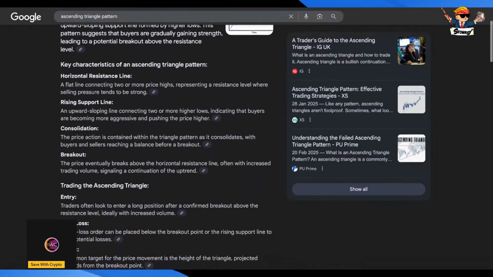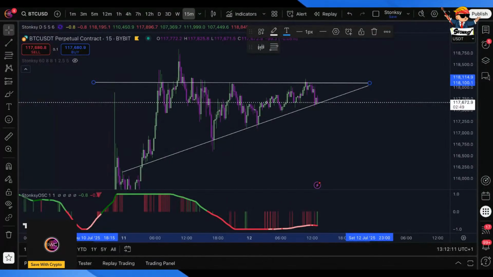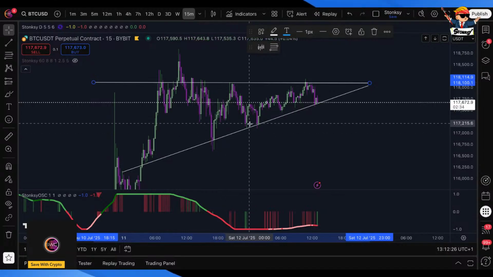Okay, and really, if you look at what we've got, it makes sense. I always think all the patterns you see on charts are psychological things. For example, just the idea of getting higher lows.